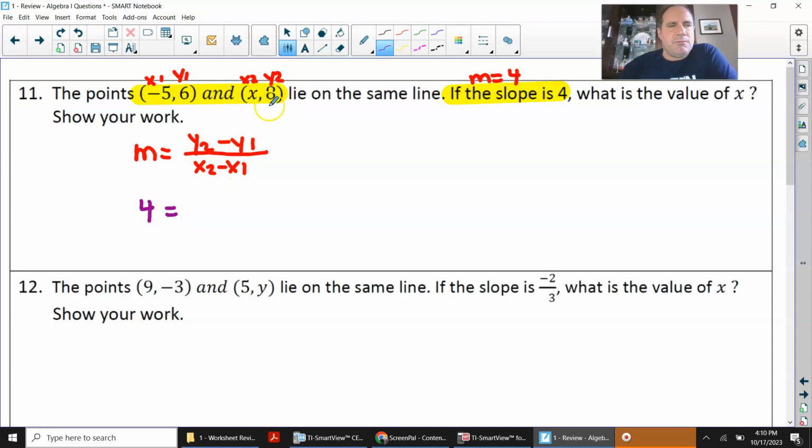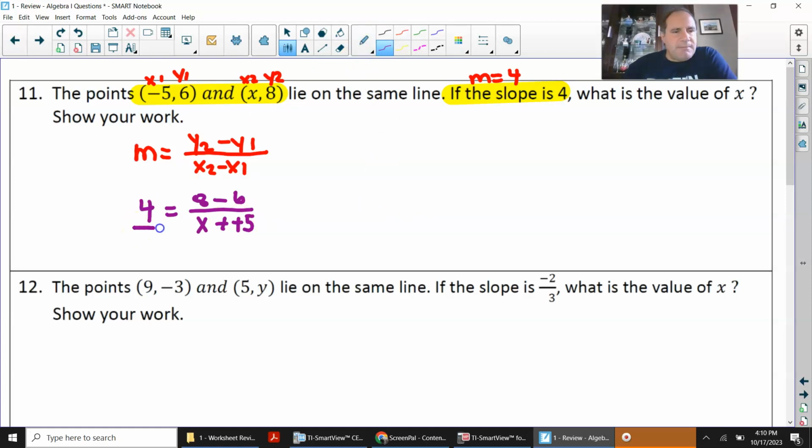Then I'm just going to do y2, which is 8, minus 6. And then I'm going to do x2, which is x, minus a -5. Double negative becomes a positive, so I'm just going to go plus plus like that.